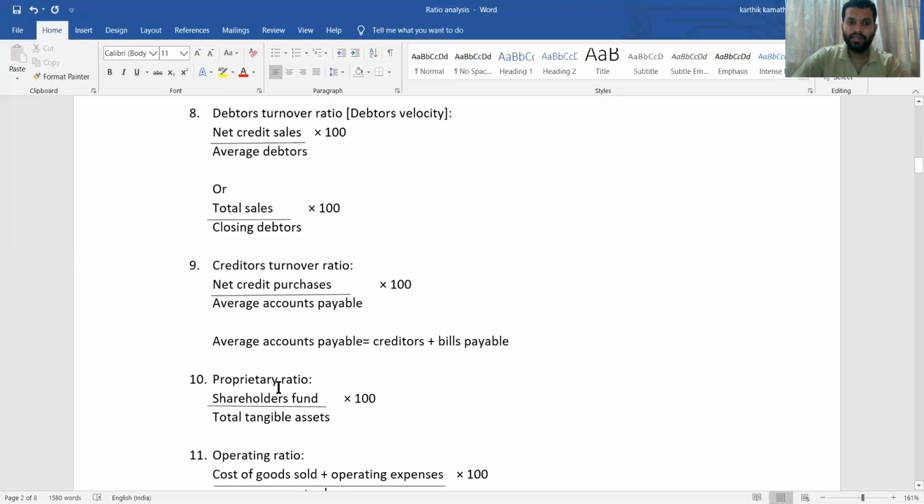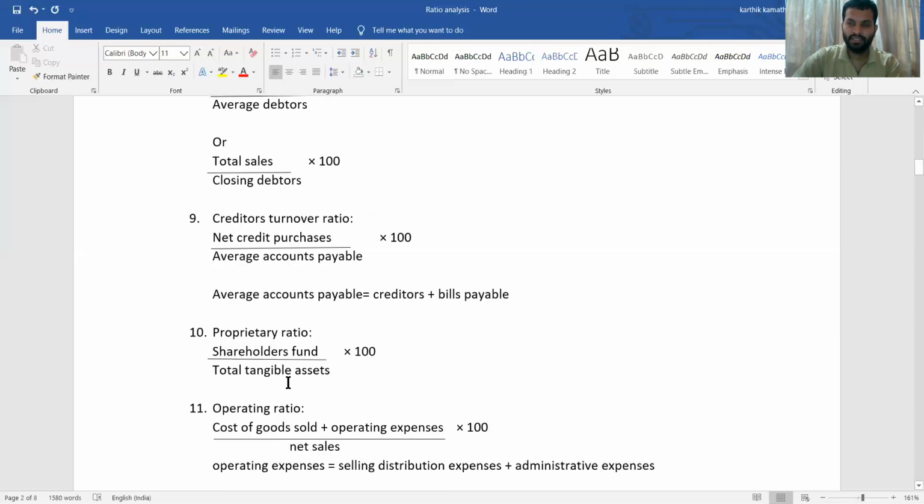Then proprietary ratio. Proprietary ratio is equal to shareholders fund divided by total tangible assets into 100. Here total tangible assets means all assets given on the asset side except goodwill and any intangible assets.